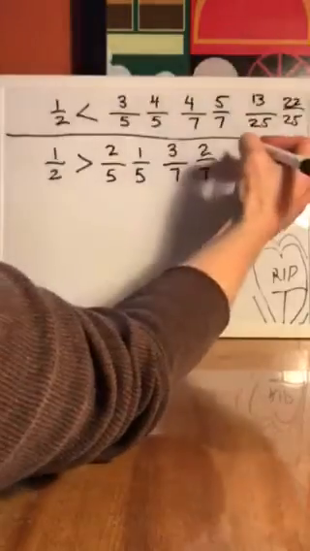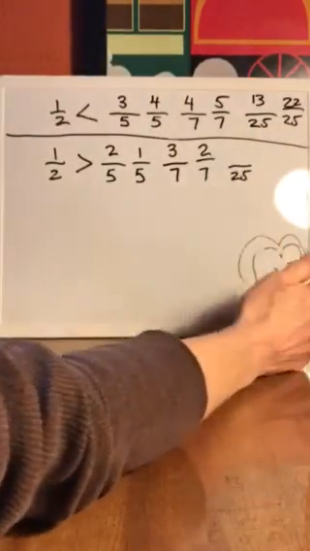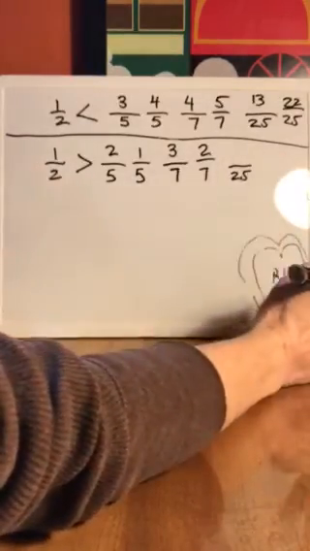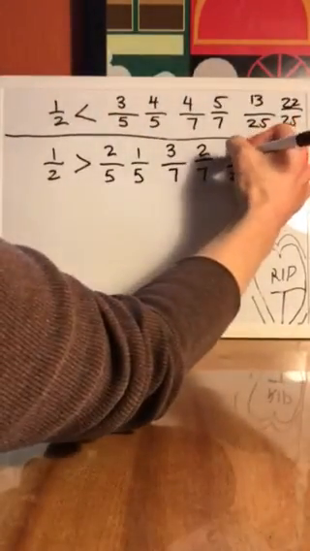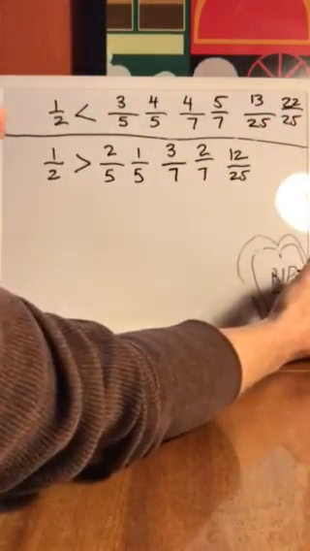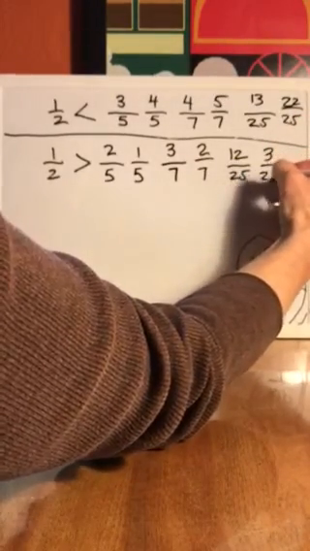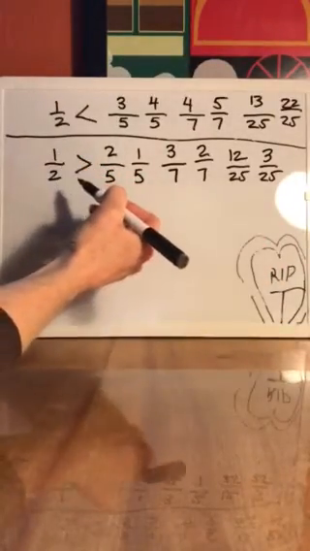We'll do the same thing using 25 again. 12 1/2 is half of 25. So any numbers less than 12 1/2 make the whole fraction less than 1/2. So this is 12. We could go 11, 10, 9, 8, all the way down to 1. I'll go ahead and use 3 there. So 3/25 is less than 1/2.